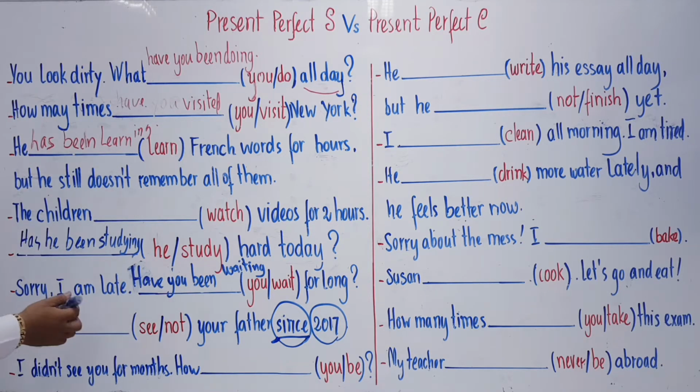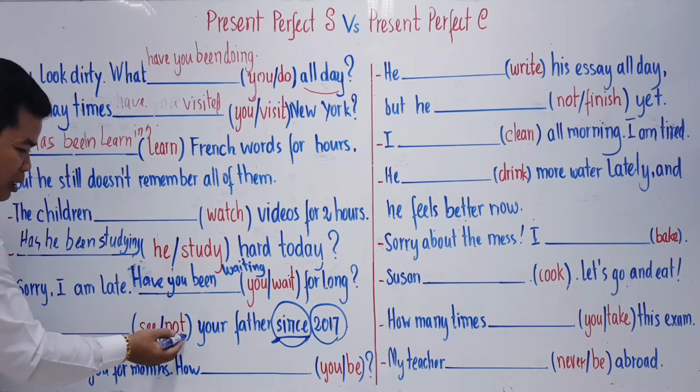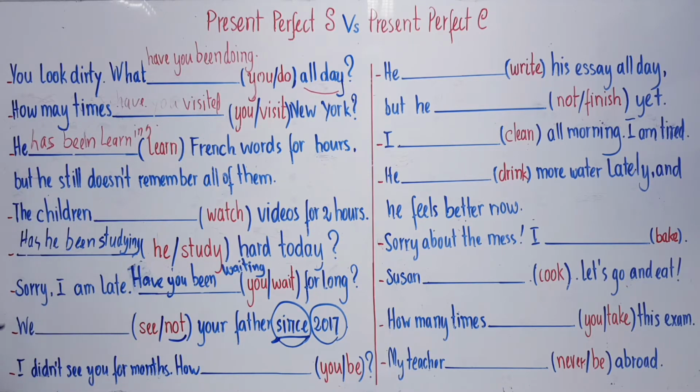So, what is it? Is it positive, negative, or question? It's a negative. We see the word not here. So what are you making? So how do you make present perfect negative? We is the subject. So what do we have? We haven't, okay, or have not.